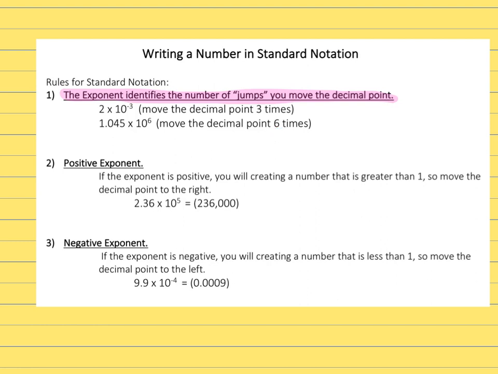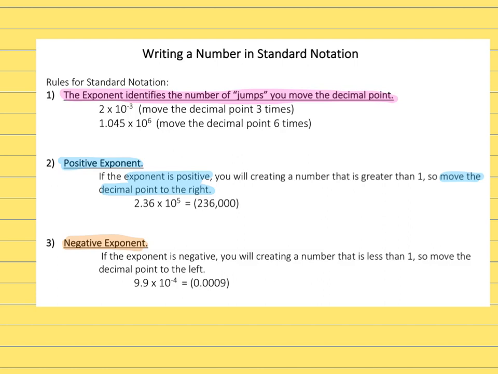Then the second thing you want to look at is the exponent itself. Is it positive or is it negative? If it's a positive exponent, then you're going to be creating a large number. So you need to move the decimal point to the right so that it becomes larger. When the exponent is positive, move the decimal point to the right because I'm trying to make a number greater than 1.